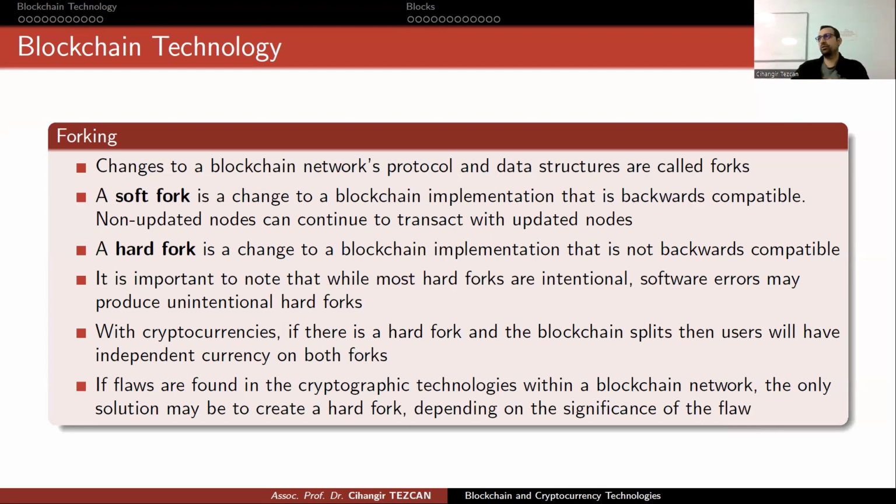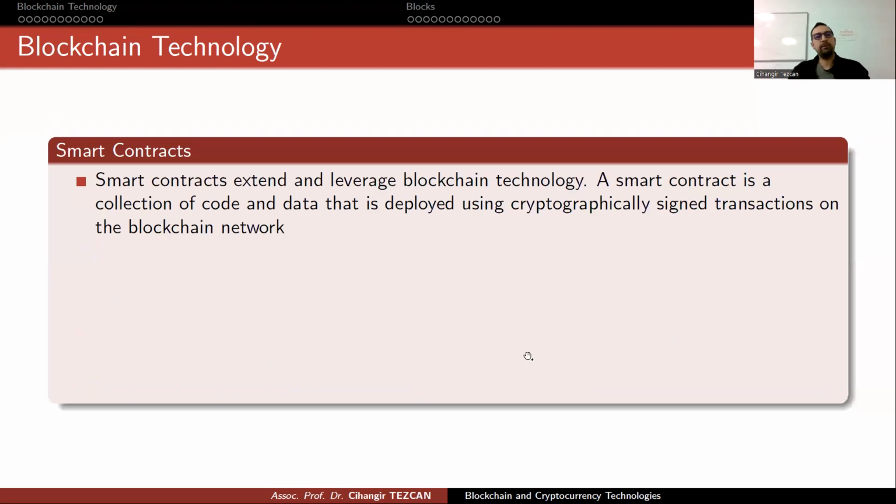So this way you can destroy the system. So for this reason, if you are changing the cryptographic algorithms, you should have a cryptographer in your system. So this is why, when people try to design cryptocurrencies, they always try to have a cryptographer as a consultant and take advice. Yeah, some short info about smart contracts.